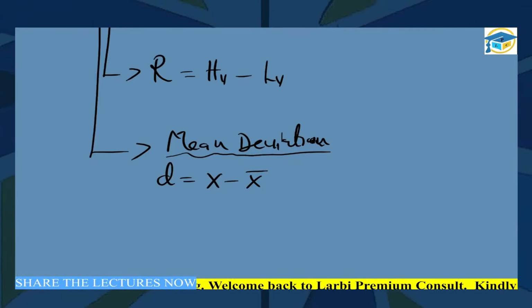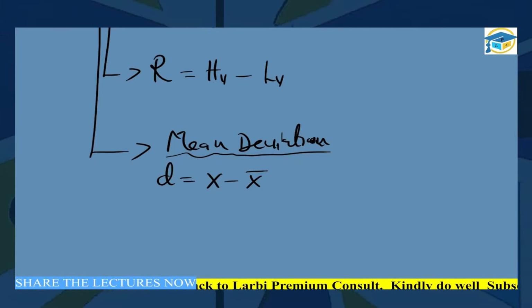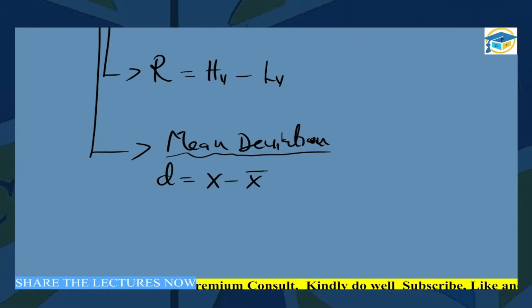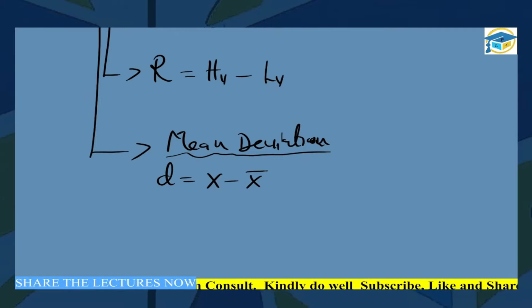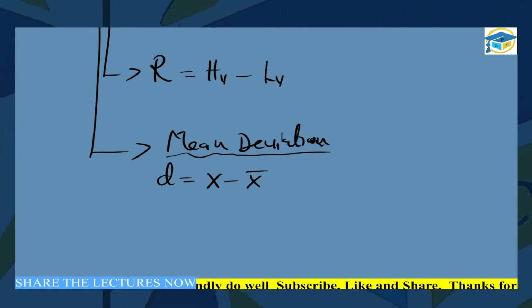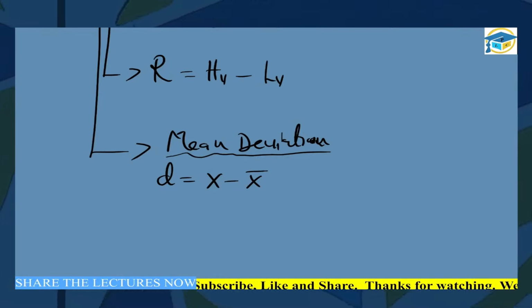At the end of the day, once you know the deviations, you find the absolute values of these deviations and you find their mean. So mean deviation is the arithmetic mean of the absolute values of the deviation from the mean.